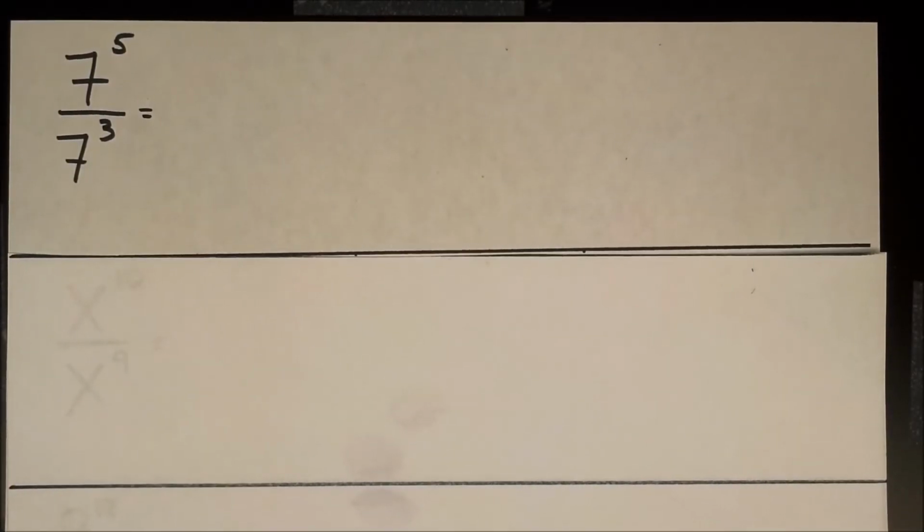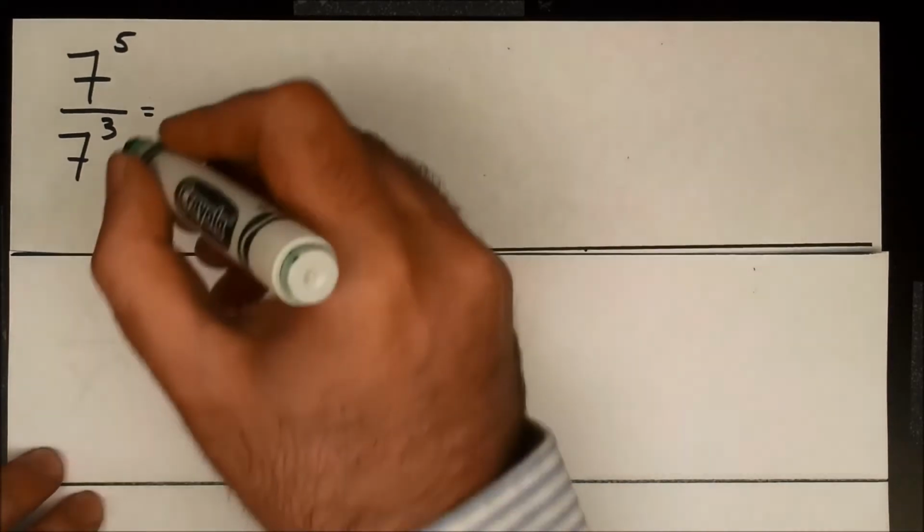We have 7 to the 5th power divided by 7 to the 3rd power. My first question to you, do these exponential forms have the same base? And what is that base? If you said yes, and that the base is 7, once again, I would agree with you. If you said no, then yeah, we're going to go with yes.